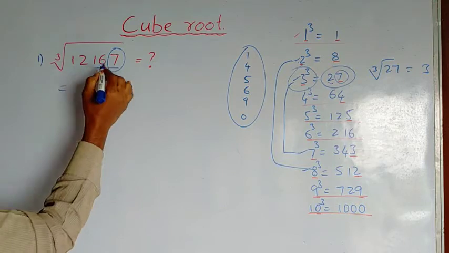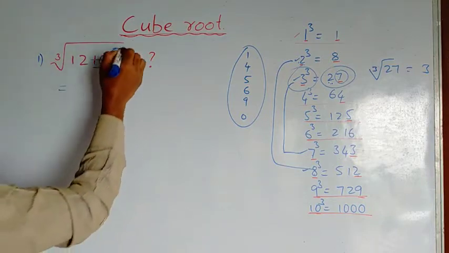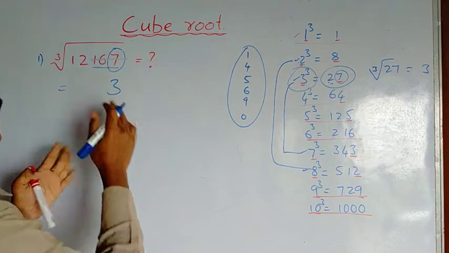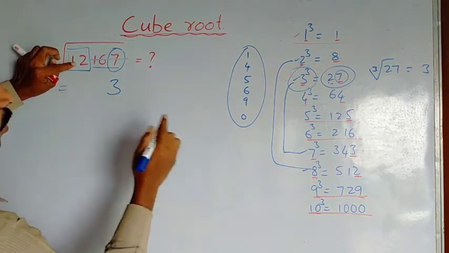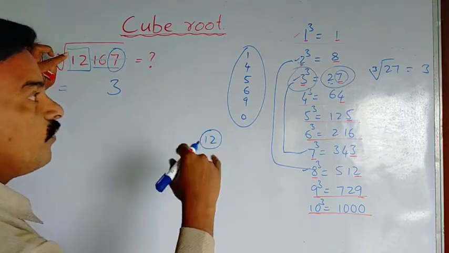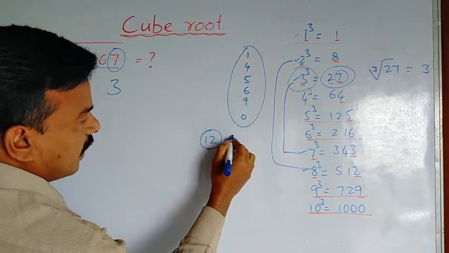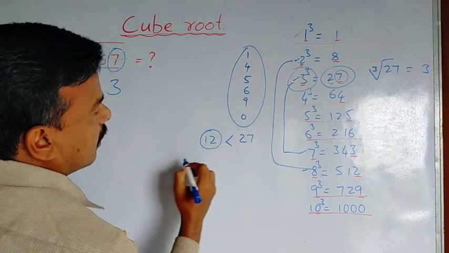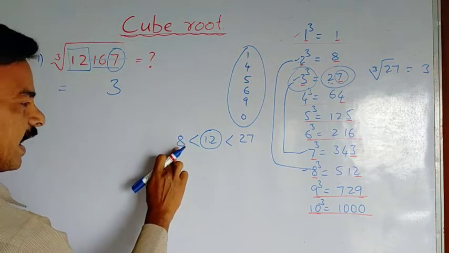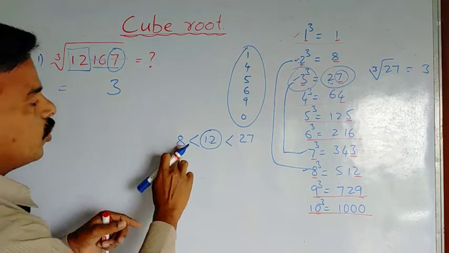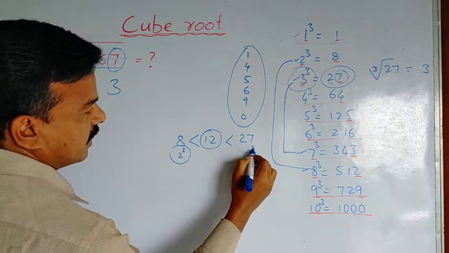Now you leave these 3 digits, the ones, tens and hundreds place digits, and the remaining digits are these 2 digits, 12. Now observe, this 12 is near which cubic numbers? 12 is more than 8 and less than 27, which are cubic numbers. 8 is 2 cube and 27 is 3 cube.